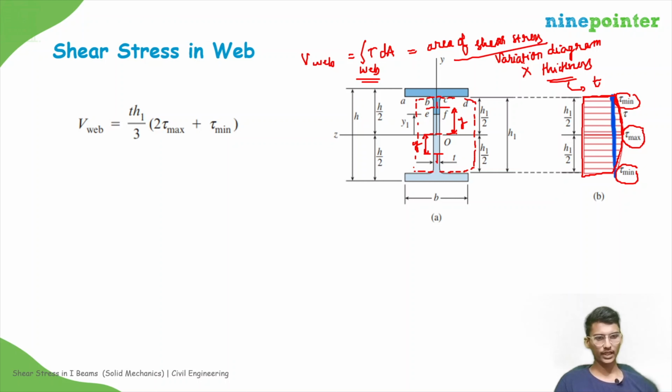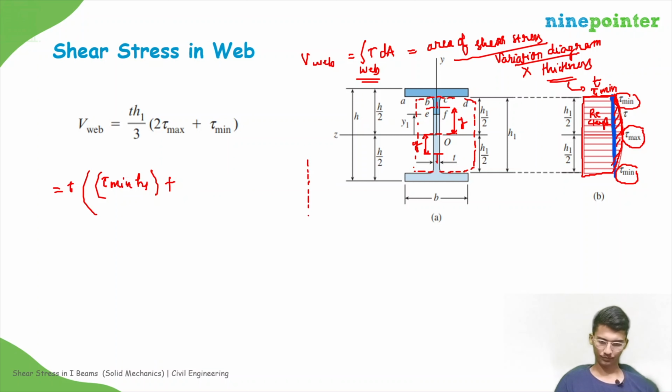So now we need to find out the area of the shear stress diagram. It comprises of one rectangle and this parabola, right? So the area of the rectangle, let us write T into the area of the rectangle, will be tau minimum, this is tau minimum and this is h1, so that will be tau minimum into h1, plus the area of the parabola. If you take the parabola, it is something like this, right? So this distance is tau max minus tau minimum, and this distance is h1.